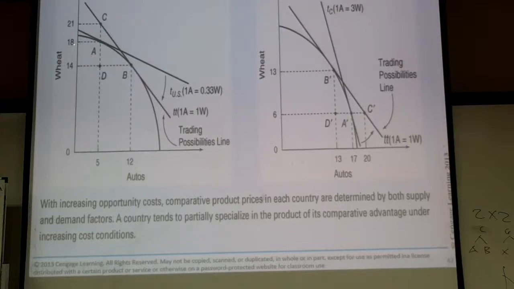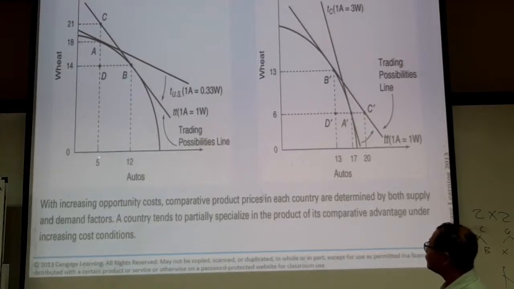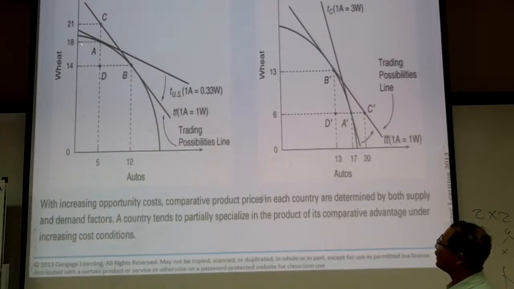Produces only 18 wheat, can only consume 18 wheat. Now this is the trading line. At the specialization point we trade. That was before trade.